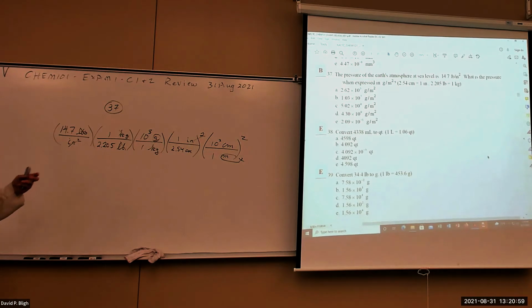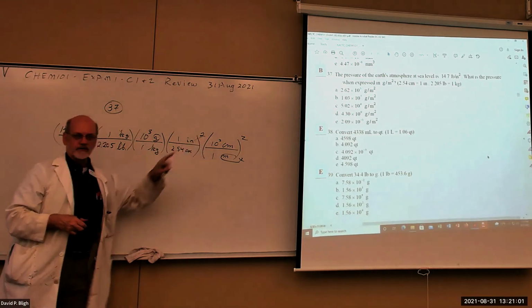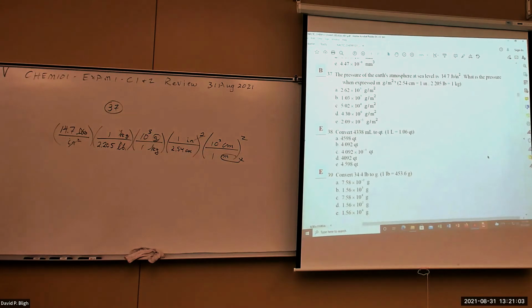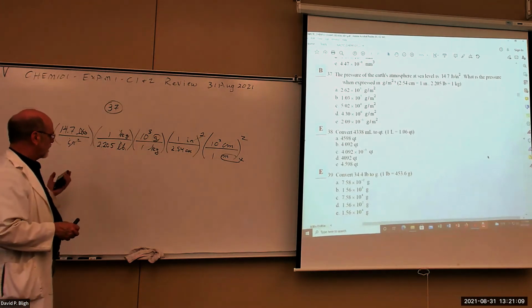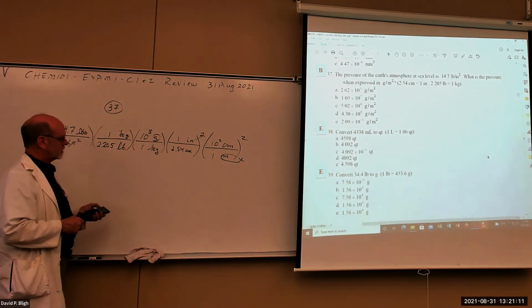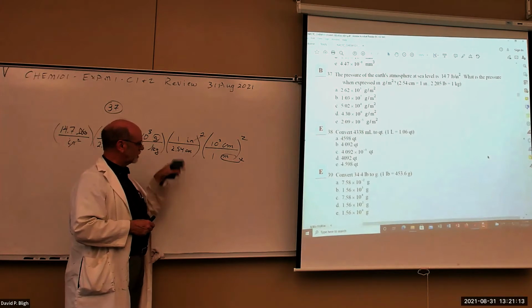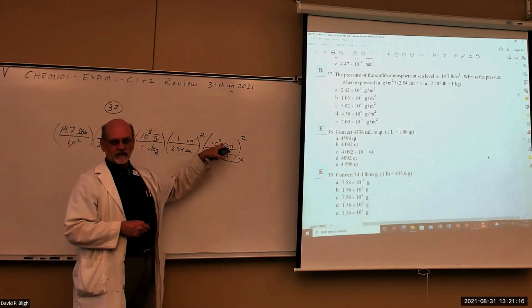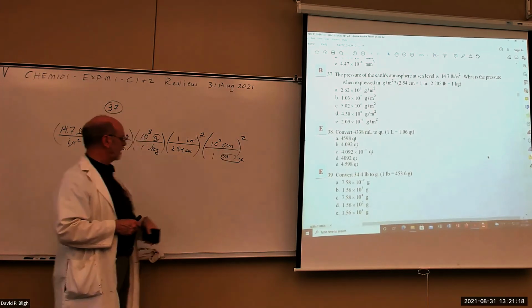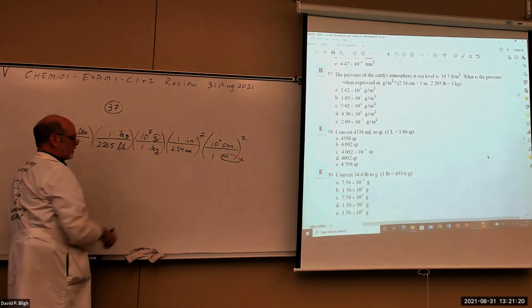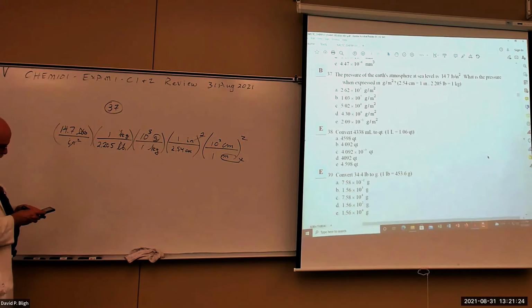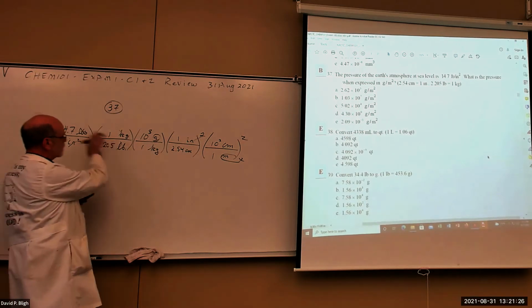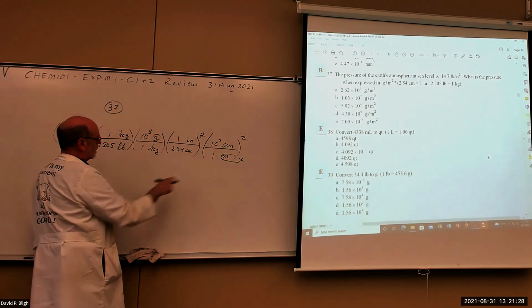You have to be careful with these, especially when you introduce these powers. When you do your calculations, be sure and get those done. If your calculator is not as user-friendly as mine, then you may have to do these individually. Like square that one and put that number in here. Now this one's going to be 10 to the 4th. But that one might give you trouble if you forget to do it. So if I say 14.7, and then I usually go across the top and then across the bottom.